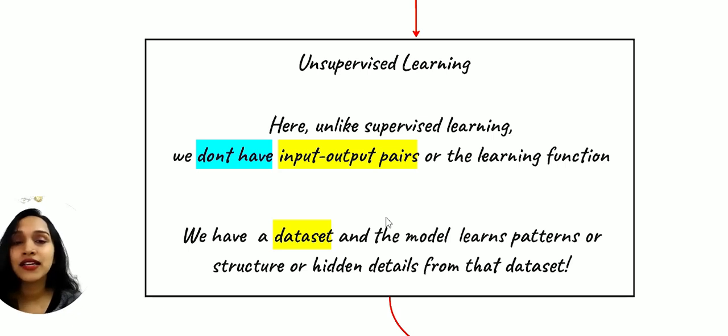So how can we ask a computer to learn the patterns or the features or extract the hidden details from that data set and predict whether that is a flower or whether that is a normal brain or a brain with a brain tumor, whether that is a normal blood glucose value or a high blood glucose value? How can we ask the computer to learn the hidden details from that without telling the labels? Let us see.